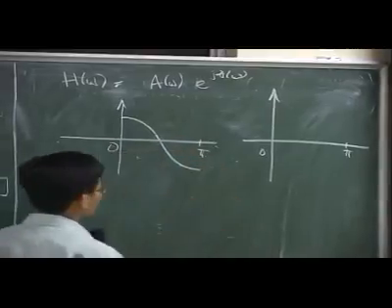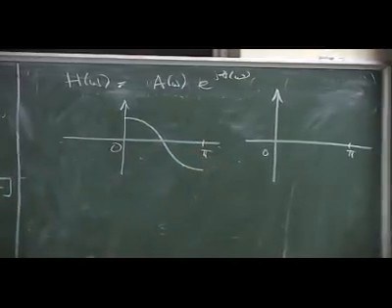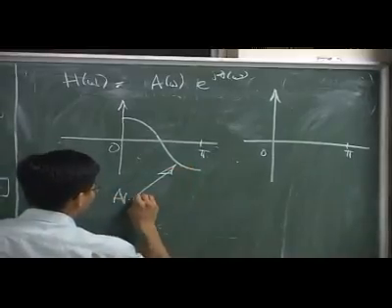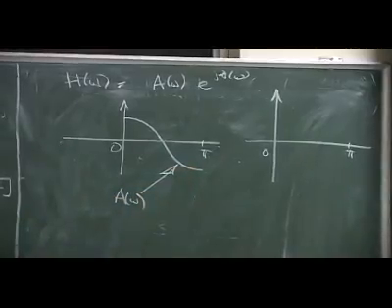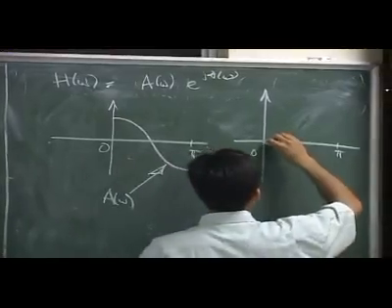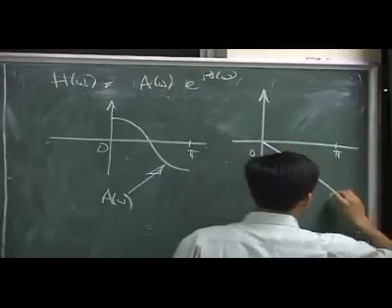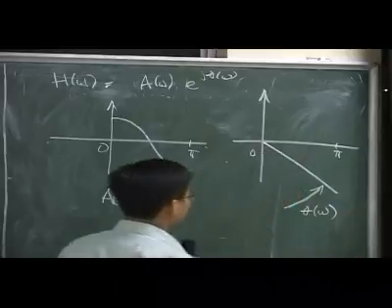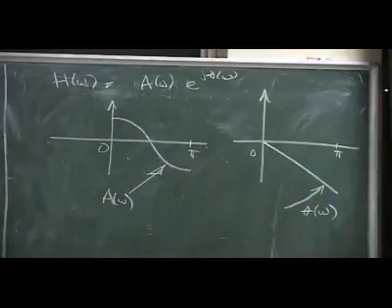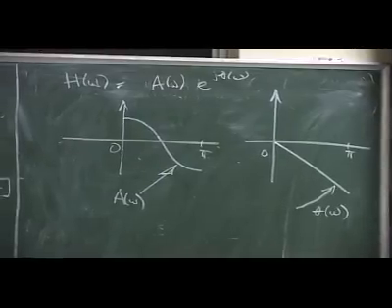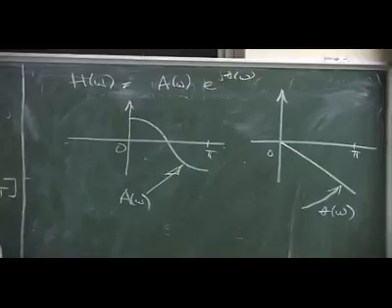So that's the A, the A of omega. And here is the theta of omega.